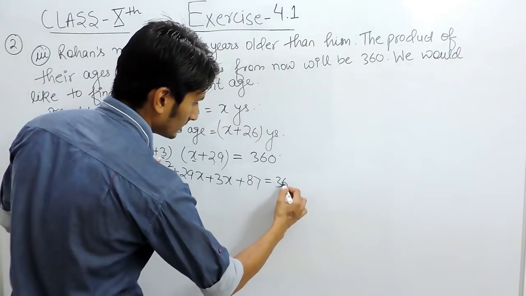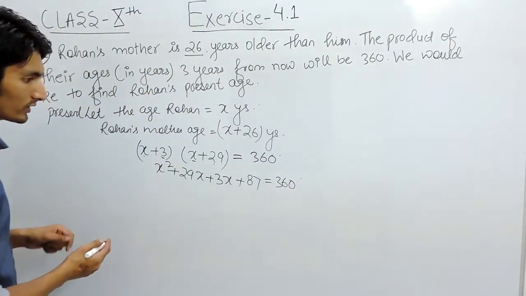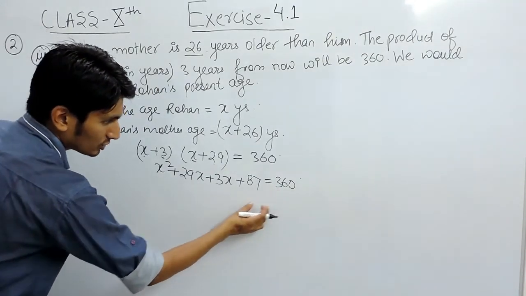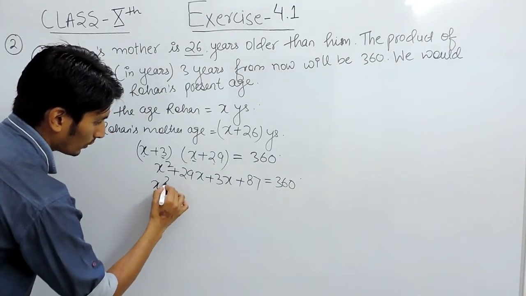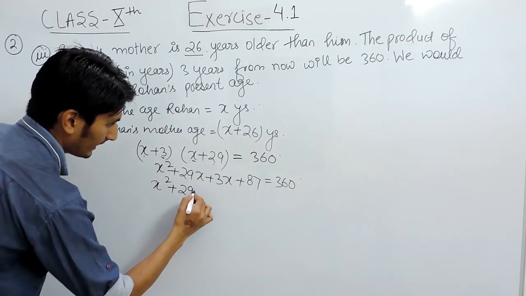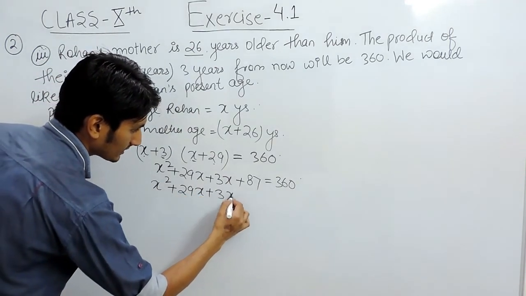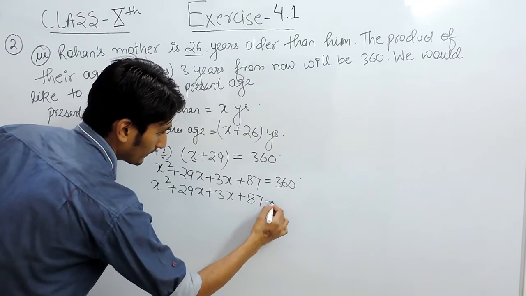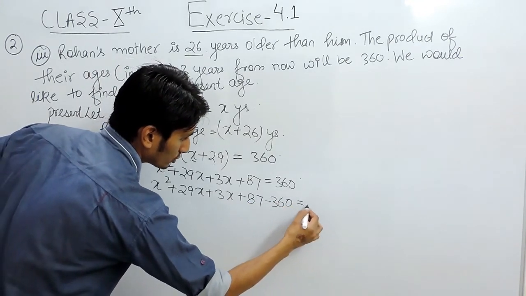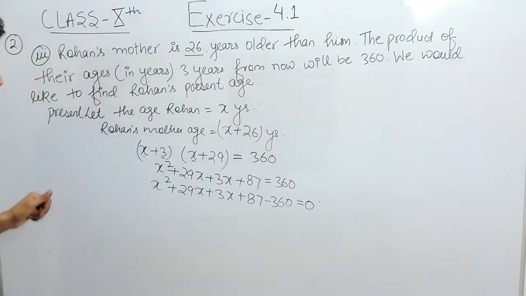And this is 360. Now you can shift this to this side. So this will be x square plus 29x plus 3x plus 87 minus 360 equals 0.